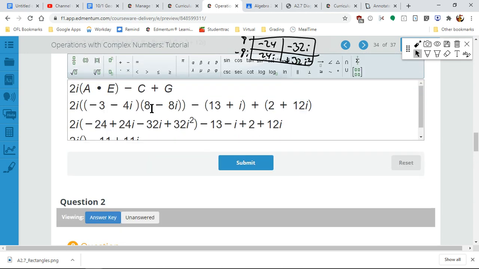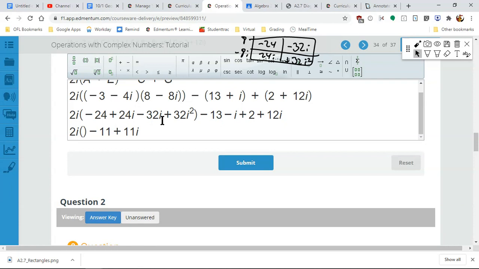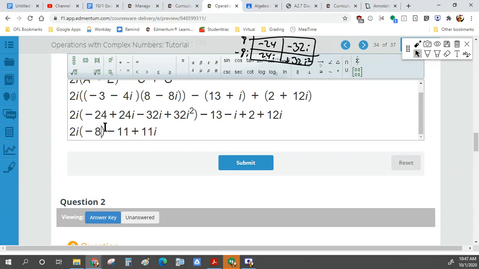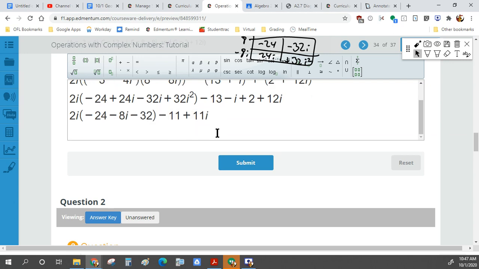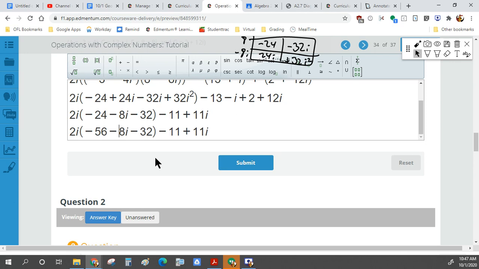Oh yeah, I can combine these two in the middle. So that's just going to be negative 8I. Not forgetting that I have this negative 24 in the front, and this turns into negative 32. So the very next step, I'm going to combine these two, so that makes it negative 56.